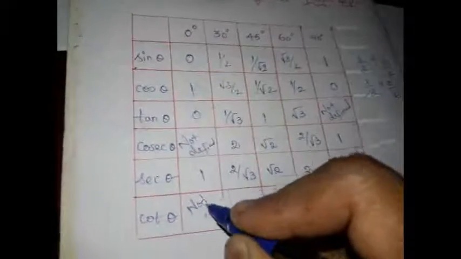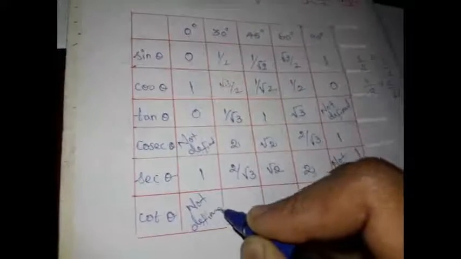And for cot theta, 1 by 0 is not defined. 1 by root 3 reciprocal is root 3. 1 reciprocal is 1. Root 3 reciprocal is 1 by root 3. Not defined reciprocal: not defined means 0 in the denominator. If we reciprocate it, 0 will go to the numerator. Therefore, it is 0.